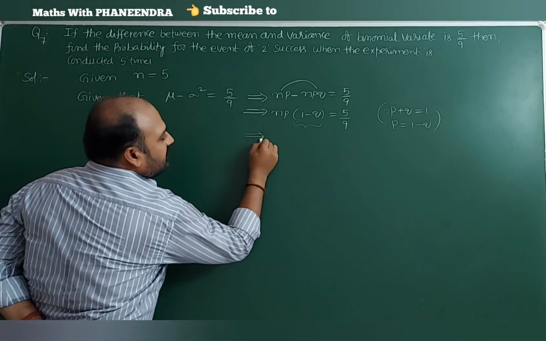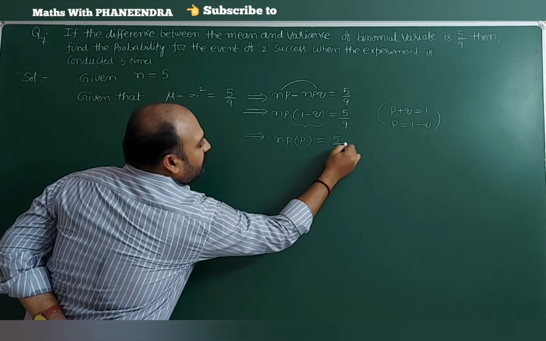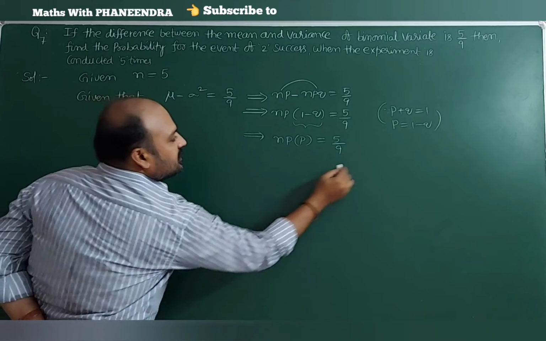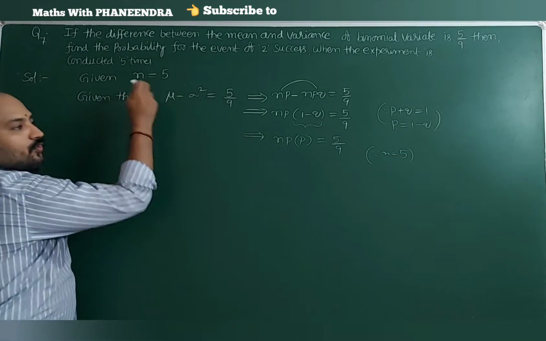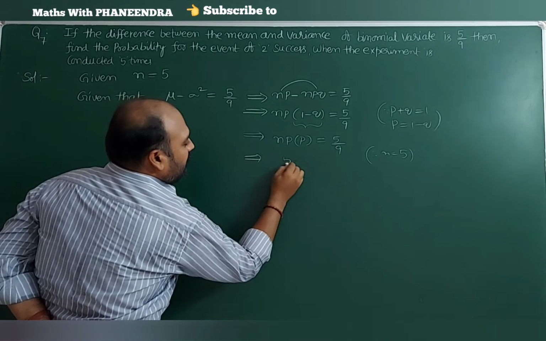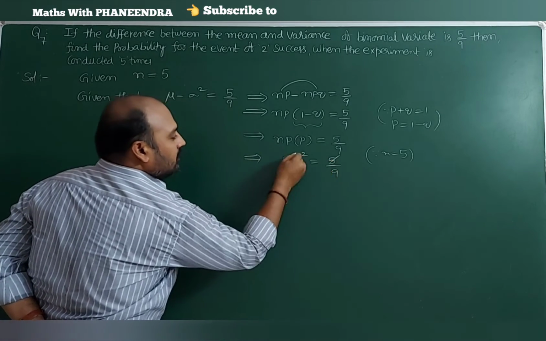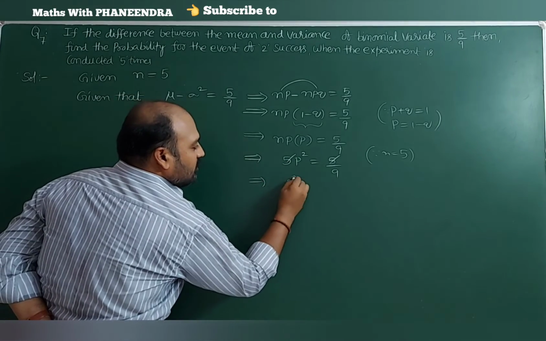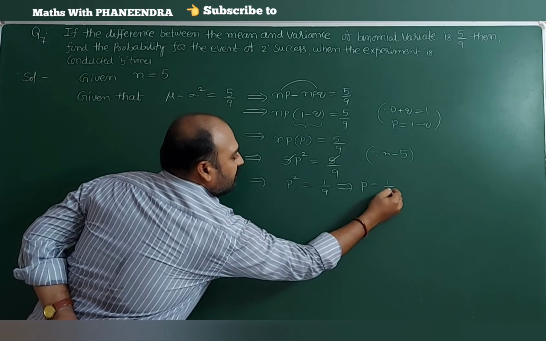So that implies np into p is equal to 5 by 9. Since n is equal to 5, 5p square is equal to 5 by 9. So p square is equal to 1 by 9. That implies p is equal to 1 by 3.